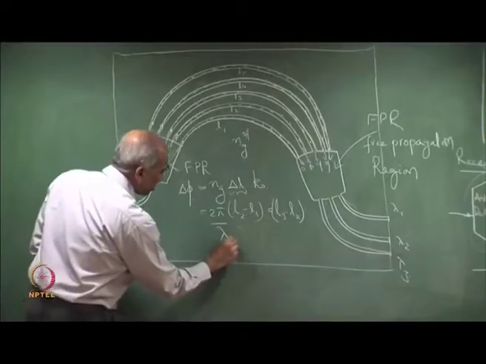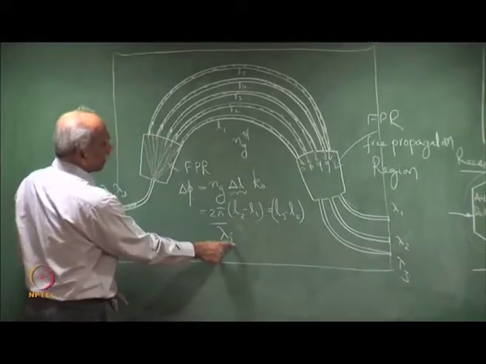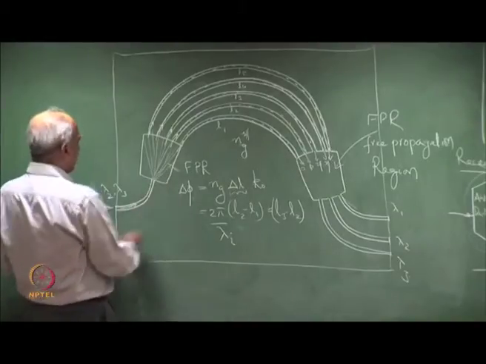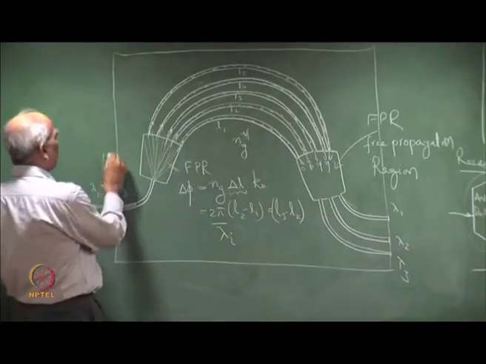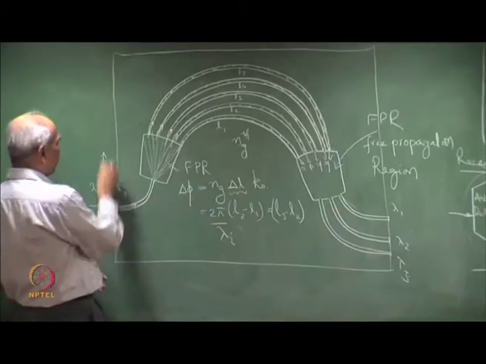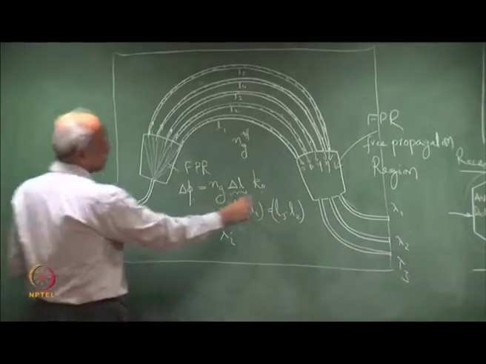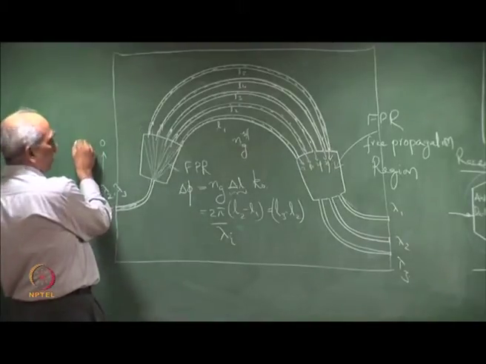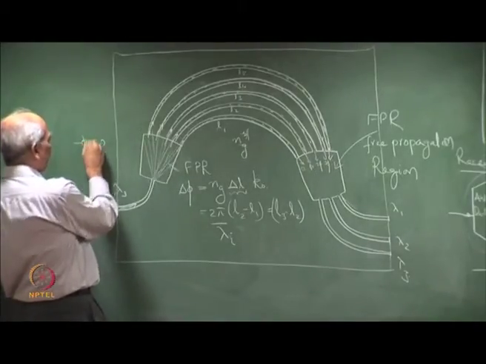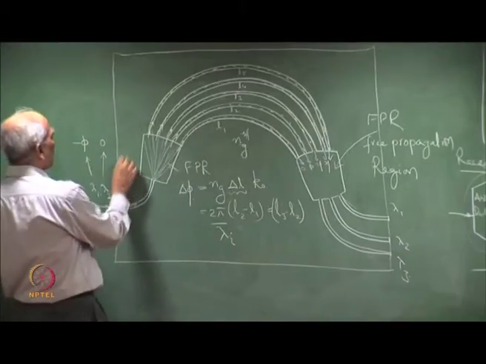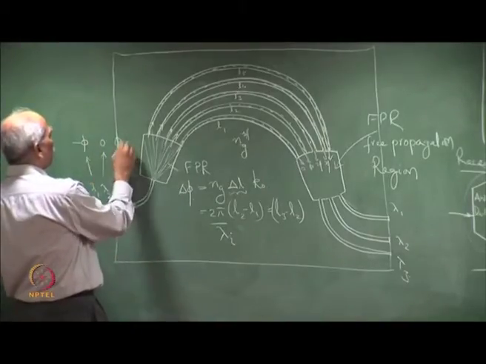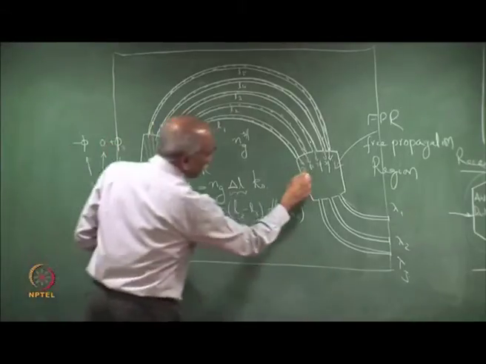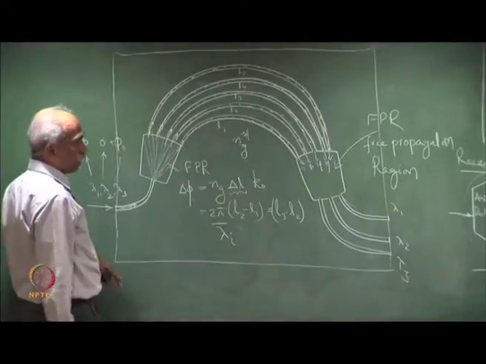So, lambda is different for the different wavelengths, and therefore, if lambda 1 enters from here, let us say that the phase difference corresponding to lambda 2 is 0, phi is equal to 0, then the phase difference will have a certain minus phi here corresponding to lambda 1, and corresponding to lambda 3 this could be plus phi. The phase differences are different here for the 3 different wavelengths.